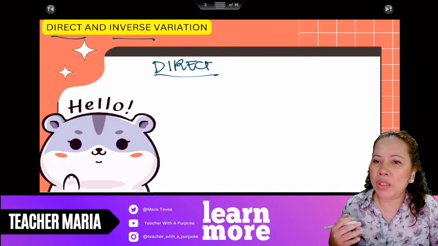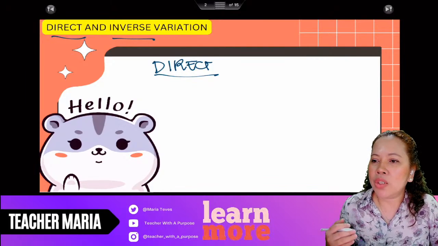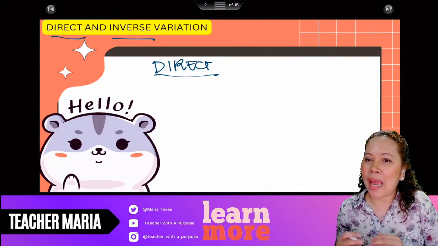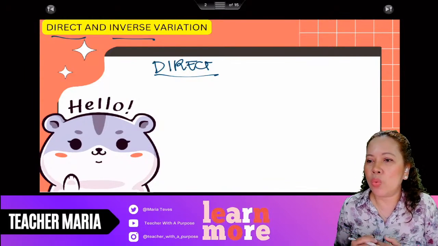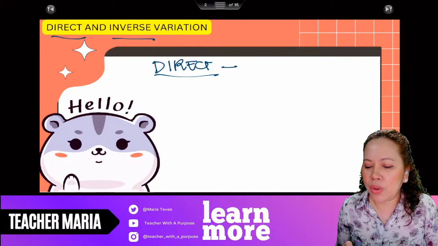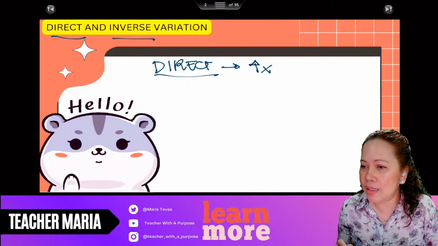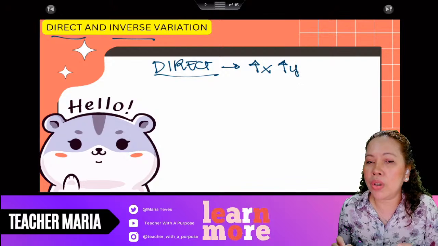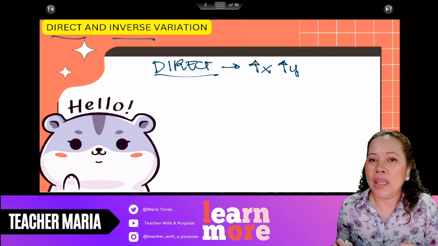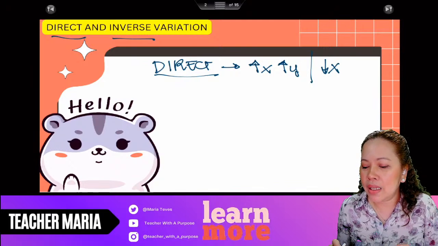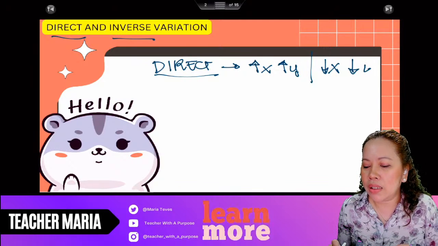So when we talk about a direct variation, we are talking about a relationship where as your x increases, your y will also increase. When we say direct, as one variable increases, the other variable also increases. And if one variable decreases, the other variable as well decreases.